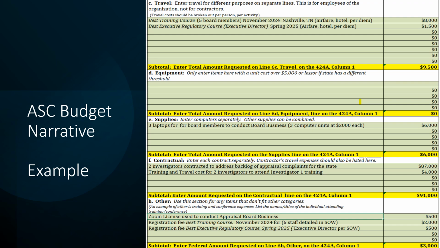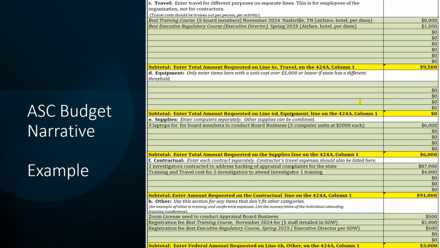So 3 laptops for board members to conduct board business. So 3 computer units at 2,000 each to equal the $6,000. So notice we keep it in supplies, even though it's over 5,000. It's not 5,000 a unit. It's just cumulative of over 5,000. So that is supplies. So just that caveat to keep in mind.